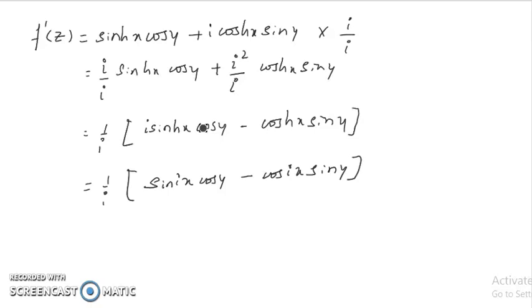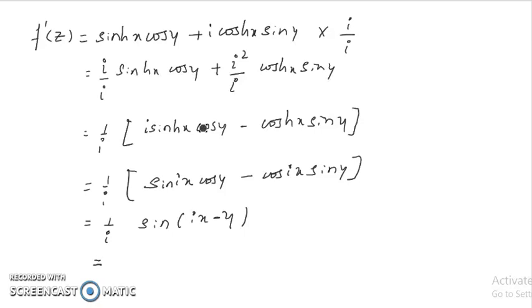This is again the form sin a cos b minus cos a sin b, so we can rewrite it as 1 over i, sin of (ix minus y), because that is the formula: sin a cos b minus cos a sin b.